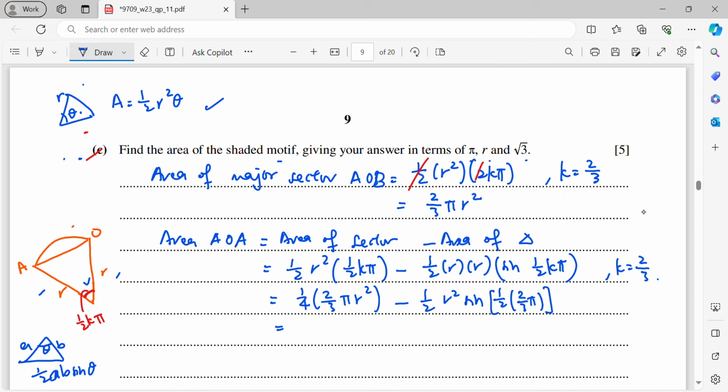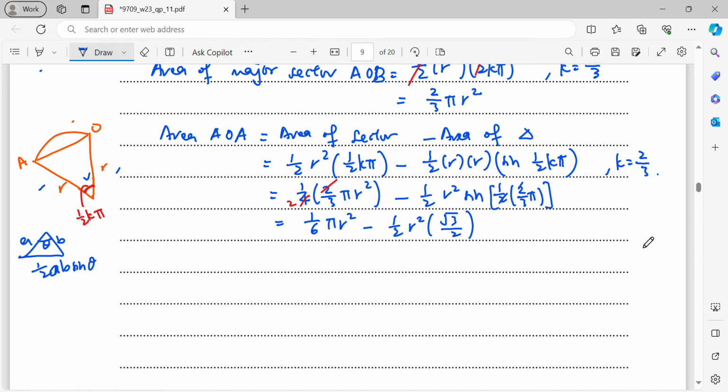Here you will get 1 over 6 pi r squared minus, this one cancels, sine 1 over 3 pi. Sine 1 over 3 pi is sine 60 degrees, so root 3 over 2. So half r squared root 3 over 2.